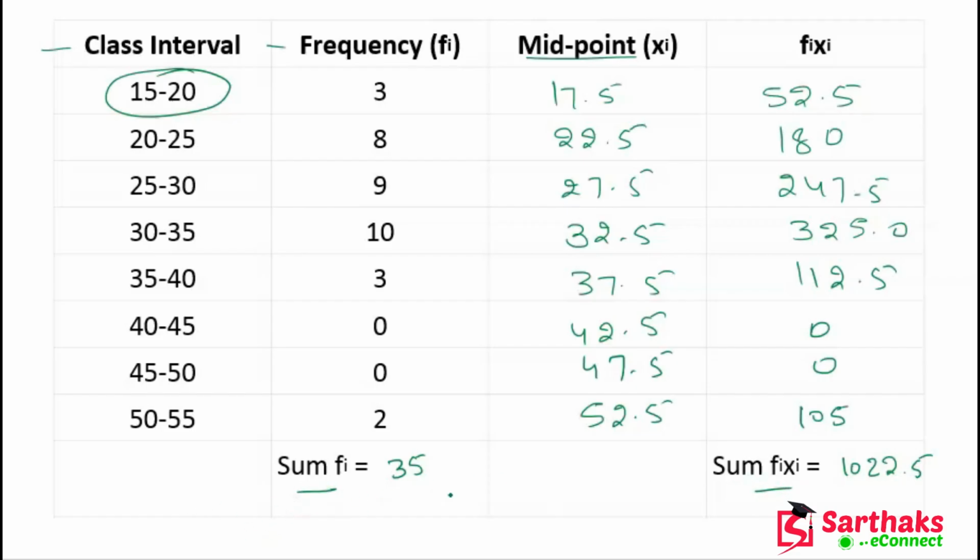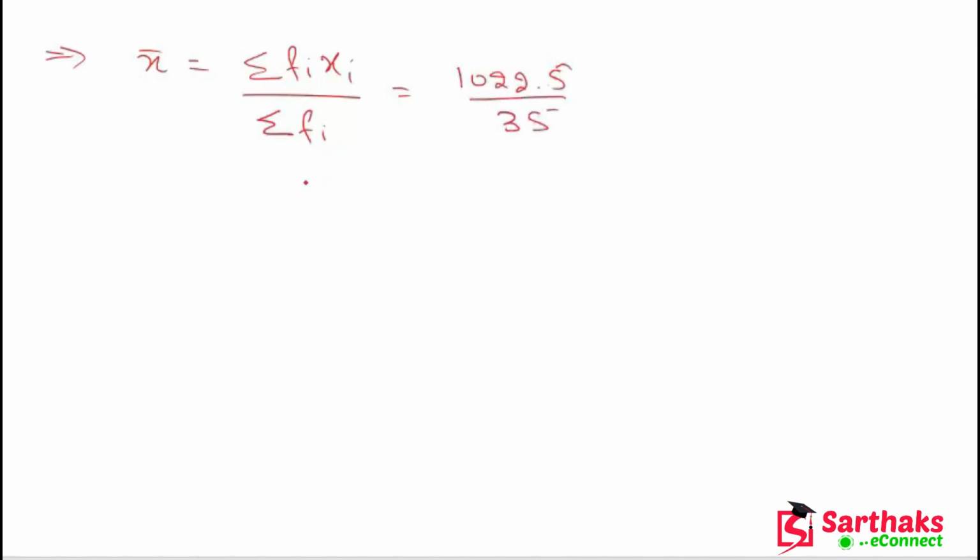So we have the summation of fixi and the summation of fi. With the help of this we can easily find the mean, which is equal to summation of fixi divided by summation of fi. So this will be equal to 1022.5 divided by 35.